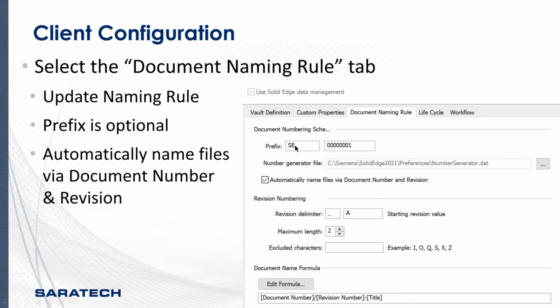You can have a prefix or not have a prefix. This number generator file is what's used to key the next number that's going to come up here. So if you want to start this at 1 million, you'd go into this number generator file and set that number to 1 million, and your numbering would start there.